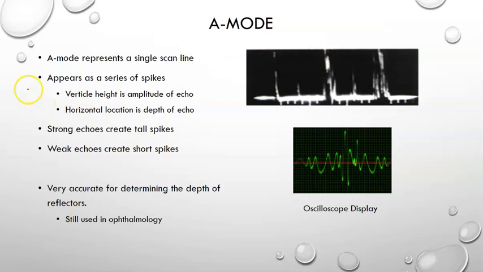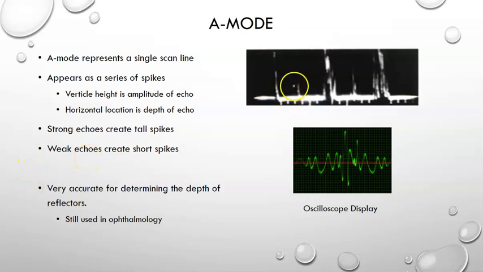So A mode represents a single scan line. It appears as a series of spikes. The vertical height is the amplitude of the returned echo. The horizontal location is the depth of the echo. Strong echoes create very tall spikes. Weak echoes create short spikes.